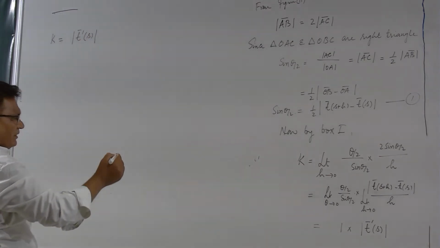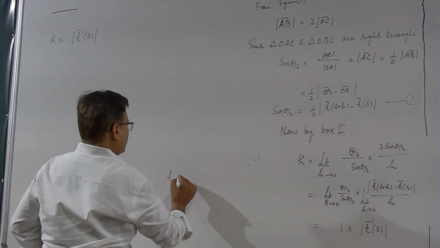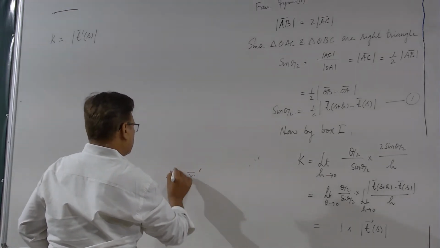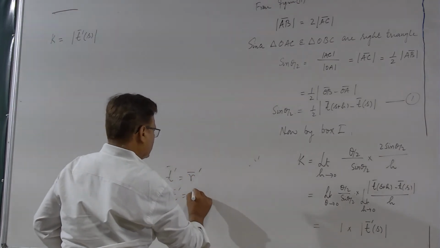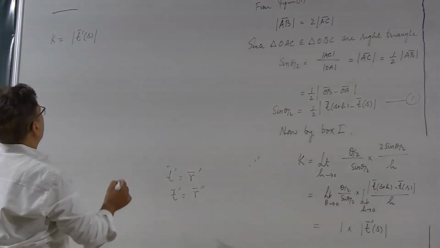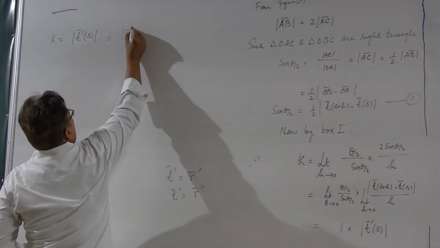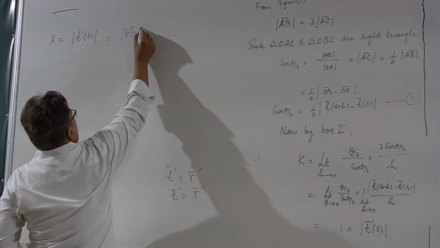T dash, what is T? T is r dash. So, what will T dash be? T dash will be r double dash. So, if you like, you can also call it r double dash at the point s.